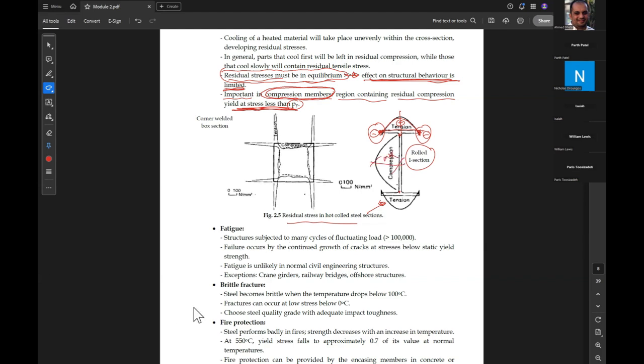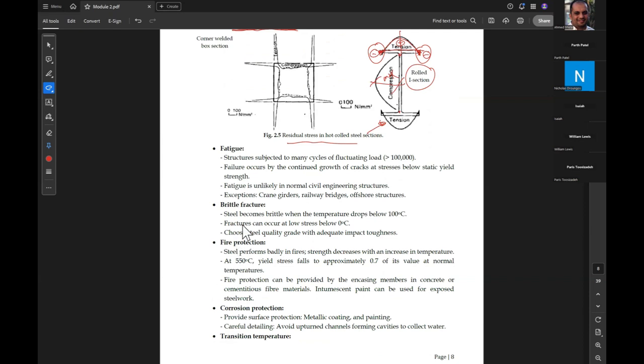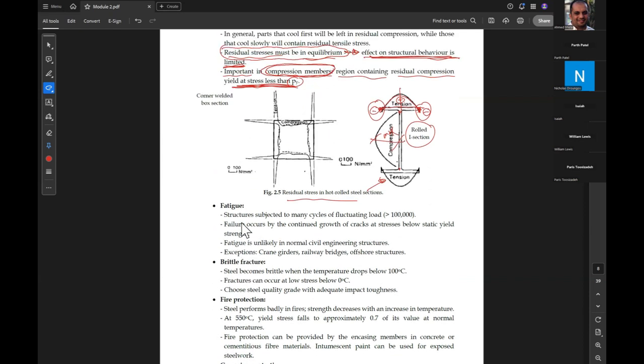So this is one of the problems we have with hot rolled steel due to high temperature and cooling off. The other disadvantage we have is fatigue. Fatigue occurs in structures subjected to many cycles of fluctuating load, let's say more than 100,000.